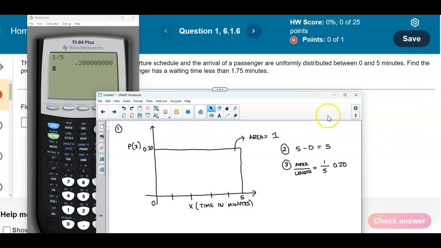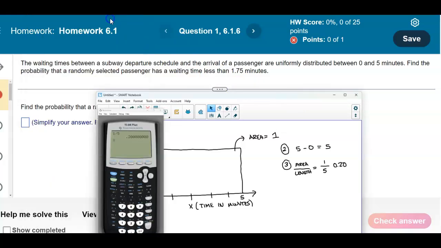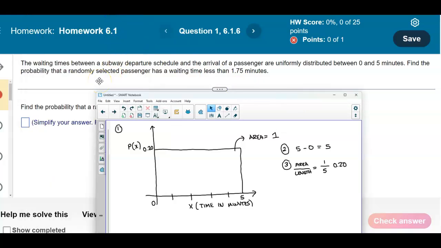Now the question is asking us to find the probability that a randomly selected passenger has a waiting time less than 1.75 minutes. We know that 1.75 is in between 1 and 2, so it's located somewhere right there.